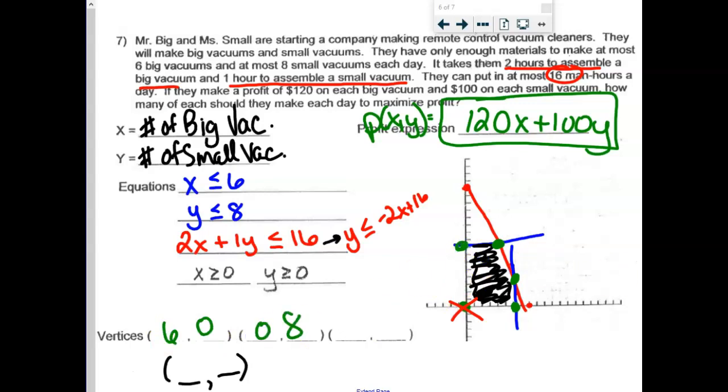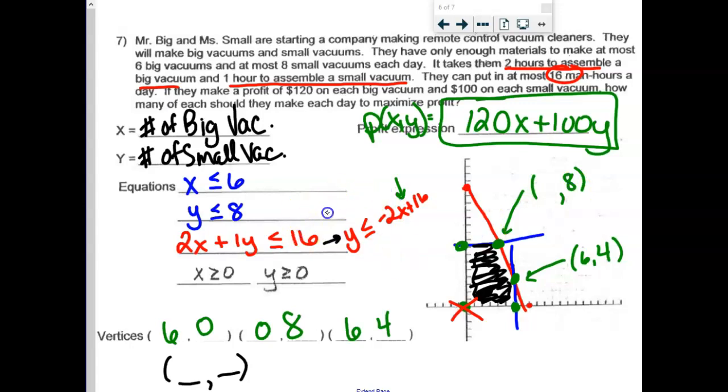The other 2, I didn't even come close to graphing properly, so I'm going to have to do a little bit of algebra. This ordered pair is where the x value is a 6. If I plug a 6 into either one of these red versions, that would end up being a 4 for my y value. Now this intersection point is where the y value was an 8.